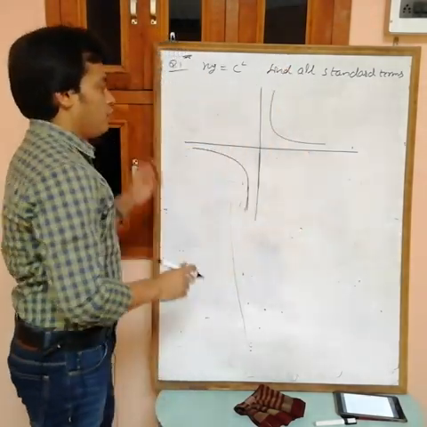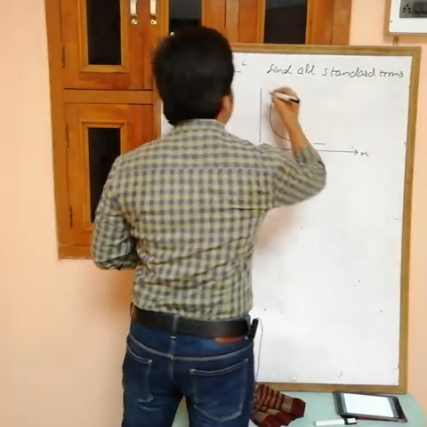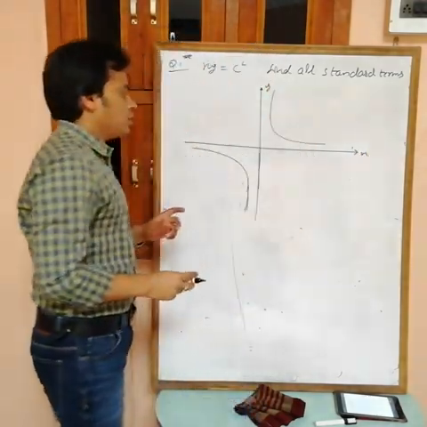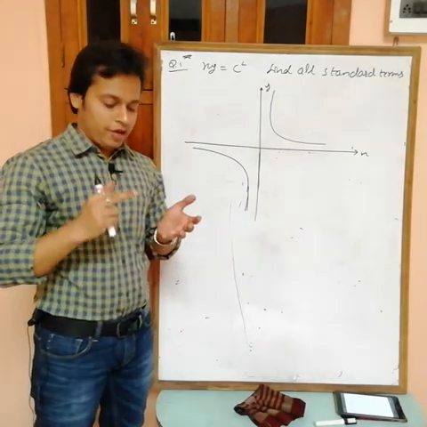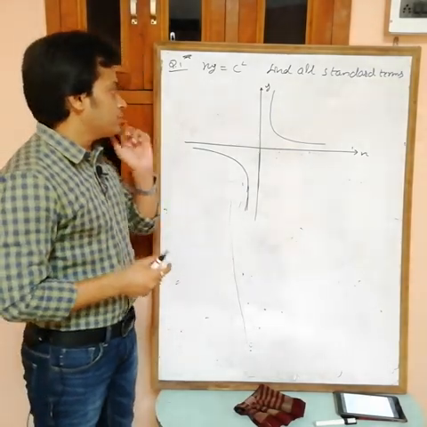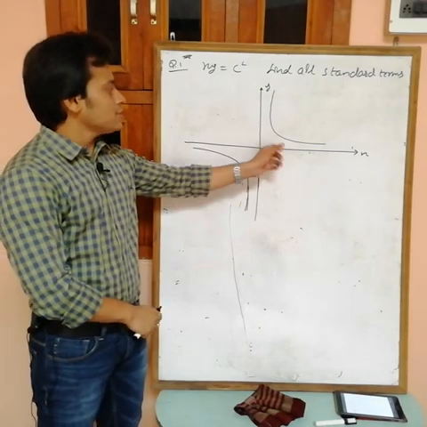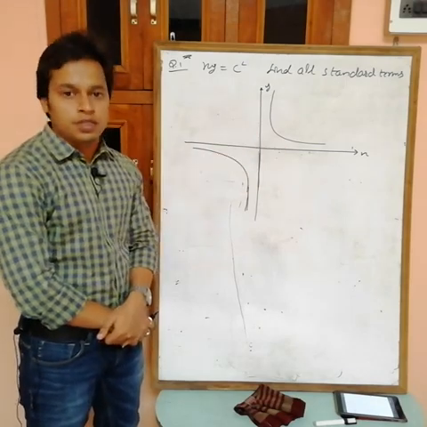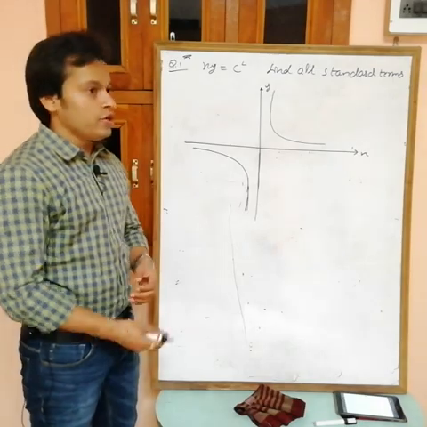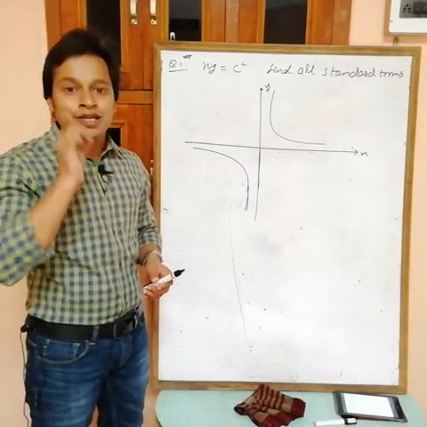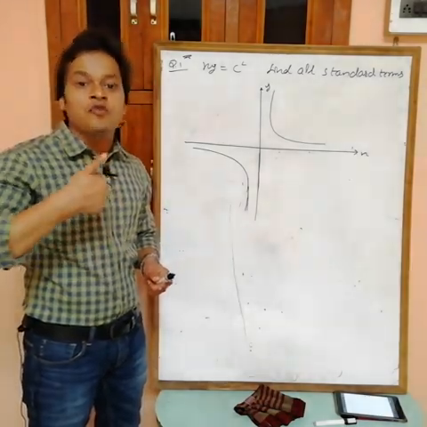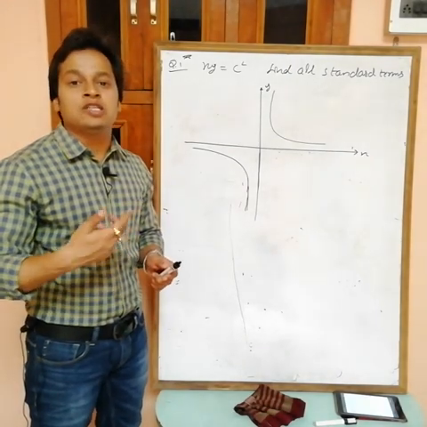Now you want all the standard terms. First thing, what do you want? I want the transverse axis and conjugate axis. Now we know that xy equals c square. For this hyperbola, the x and y axes are asymptotes. Also we know one thing, that these asymptotes make an angle of 45 degrees with the principal axes.